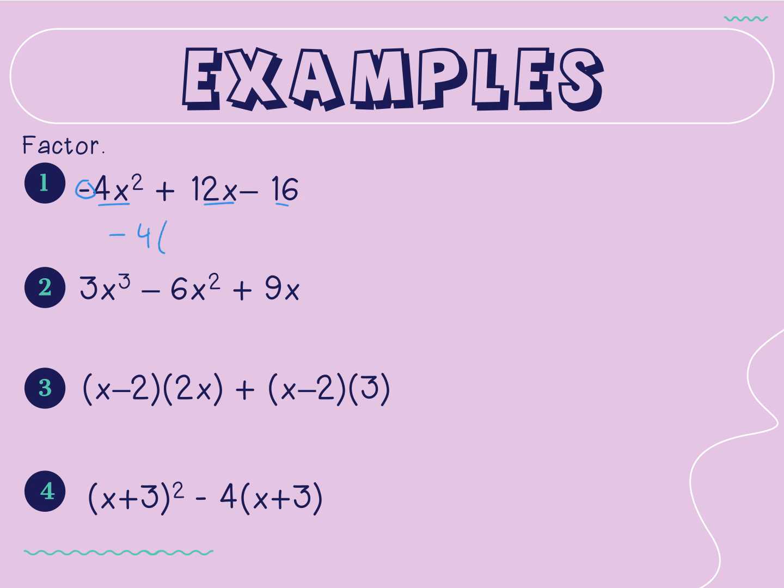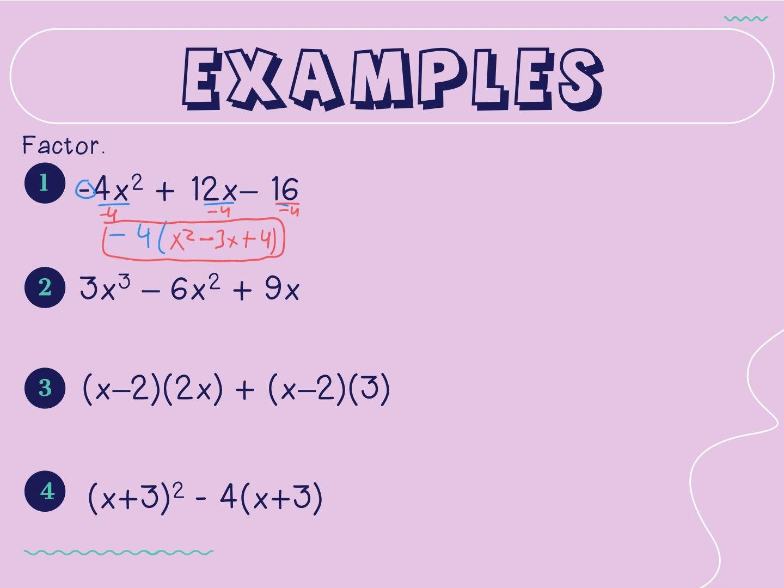And then whatever you get left over is going to be whatever happens when you divide each of your terms by negative 4. So I get an x squared minus 3x plus 4, right? And then so that becomes our final answer.